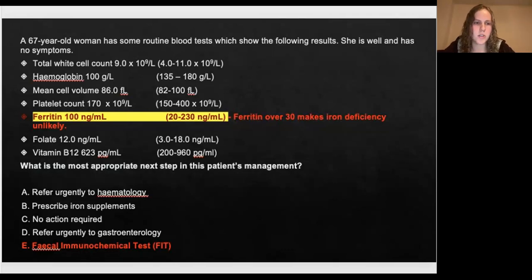Yeah, exactly. So it's normocytic anemia, low hemoglobin, and the ferritin is high, so it's not iron deficiency anemia. So basically, this is just another test of the guidelines of colorectal cancer.